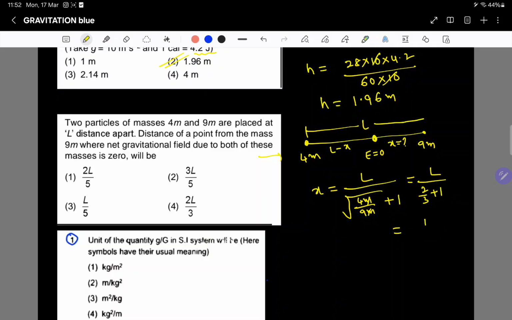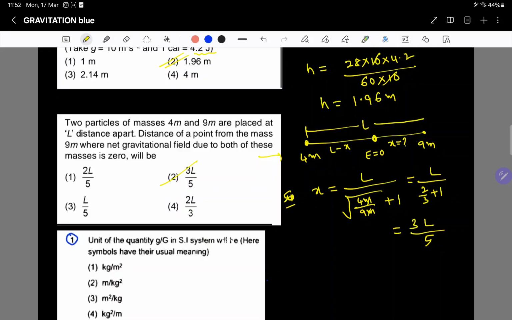So L by 2 by 3 plus 1, which is 5 by 3. So 3L by 5. So the distance from the 9m particle where gravitational field becomes 0 is 3L by 5. Very important, students. For the same question, the distance from the 4m particle is total distance L by root of 9m by 4m plus 1, students. Please remember the shortcut formula.